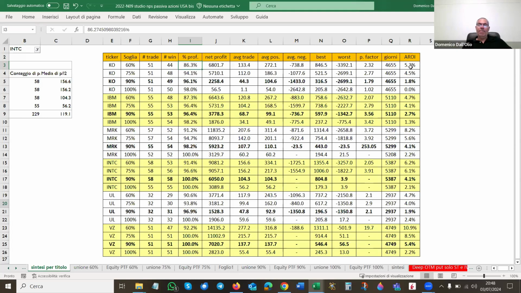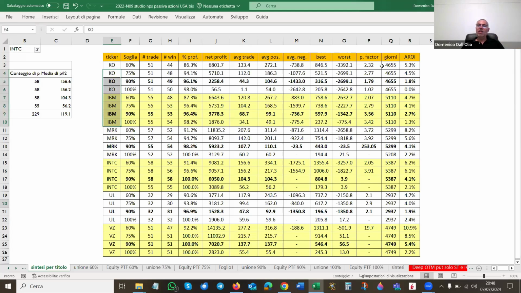So in selling a put 100, just to say, I would take into consideration an initial margin equal to 5,000, which is a very precautionary measurement of the initial margin, especially on stocks so highly capitalized as Coca-Cola, IBM, Merck, and the like.